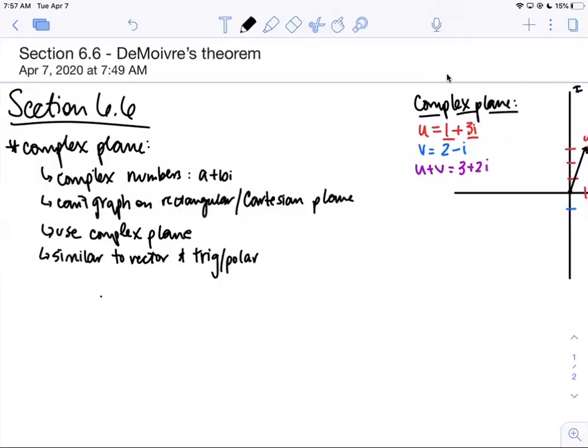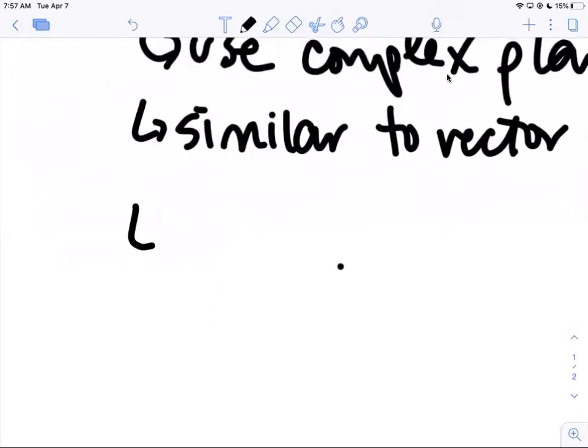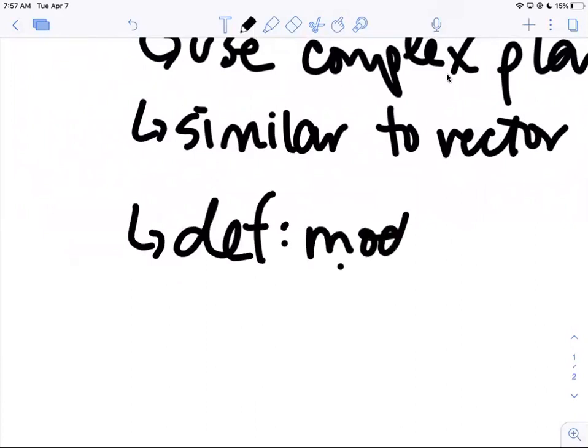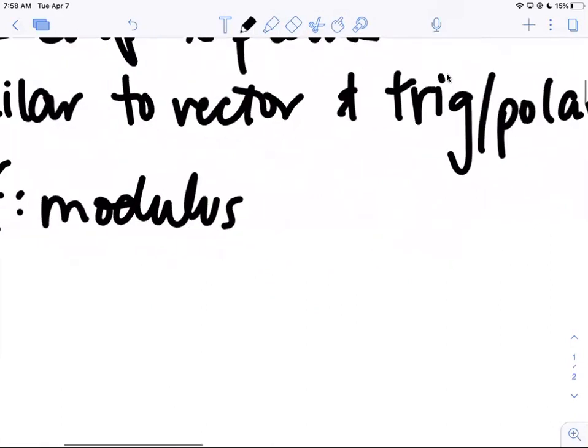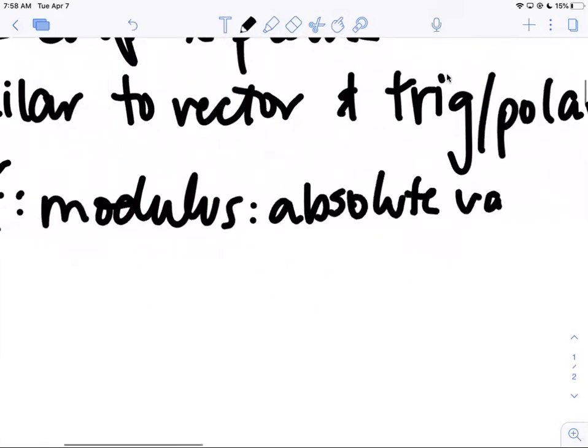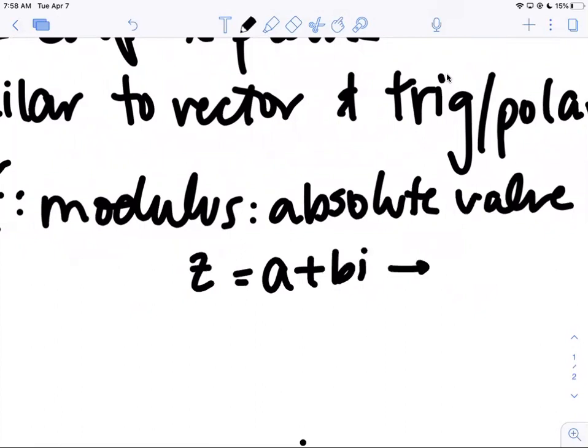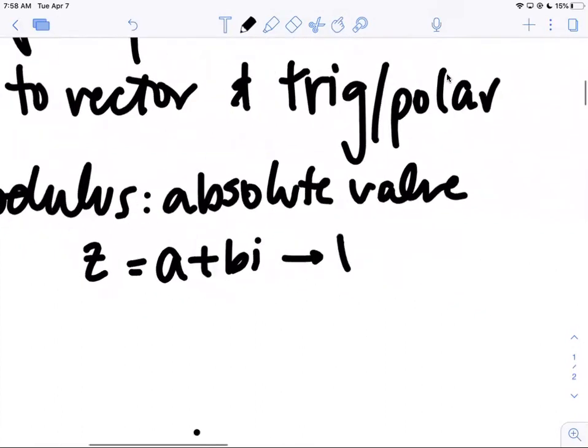Okay, I've got a definition for you. Definition of the word modulus. Modulus is the absolute value of a complex number. If my complex number, we'll call it Z, is a plus bi, then your modulus is going to be radical a squared plus b squared.